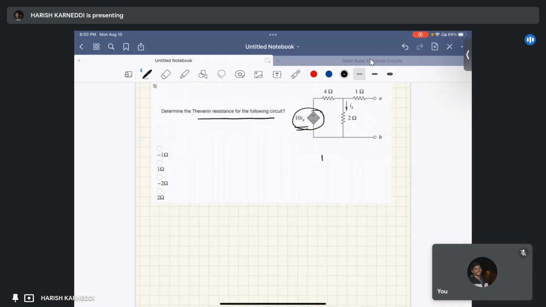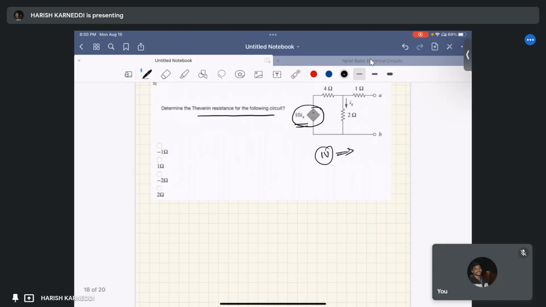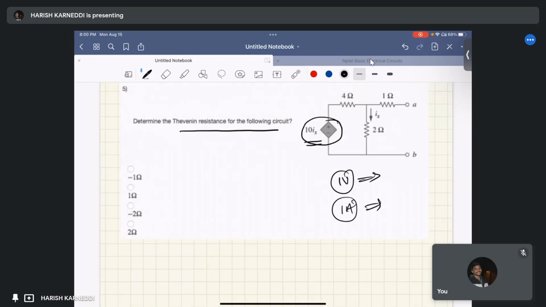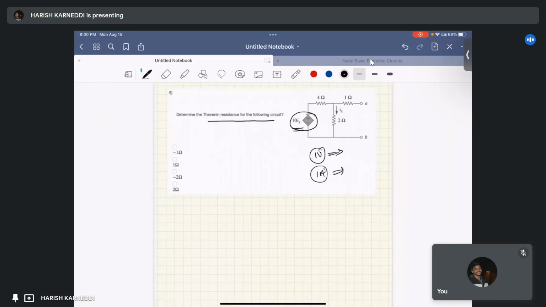We can energize with a 1 volt source, or we can energize with a 1 ampere source. You have to choose whichever is easiest and shortest. So first I'm choosing the 1 volt source.